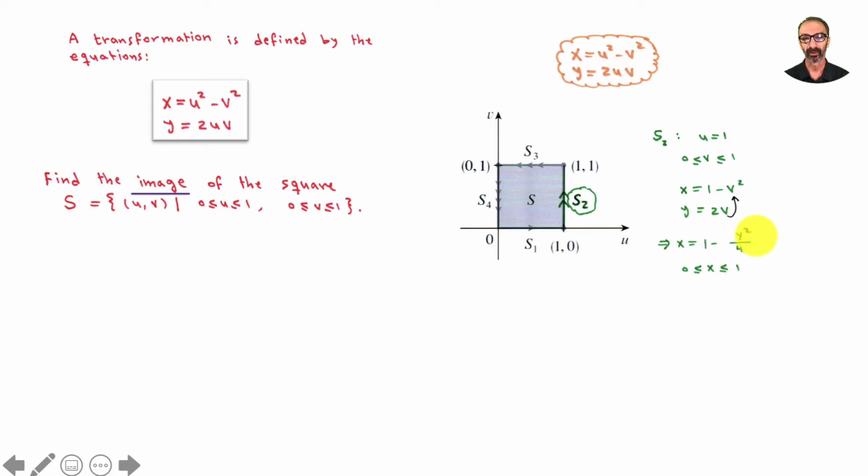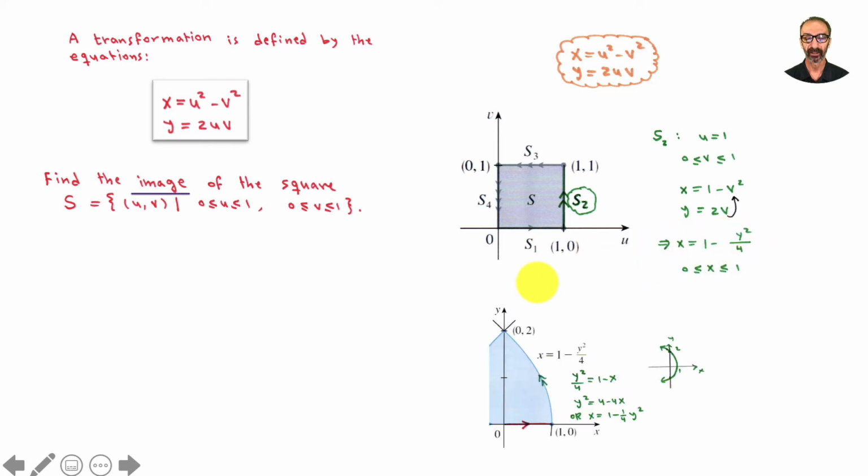Now, this right here is a parabola, but it's written the other way around. So it's not a parabola that opens up or down. It's going to open right or left. To reduce the talk and show you more, here's the graph.